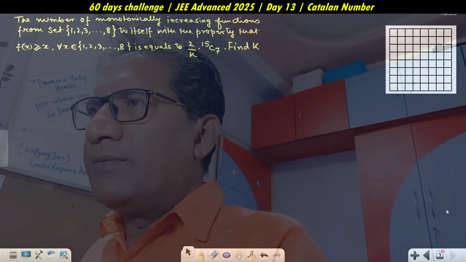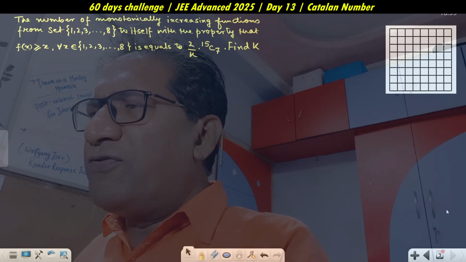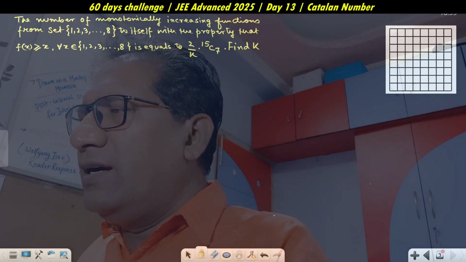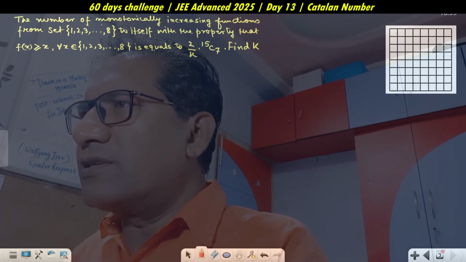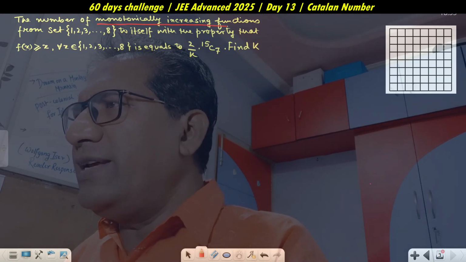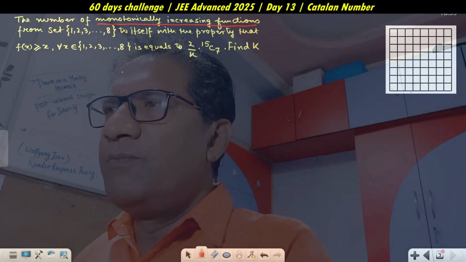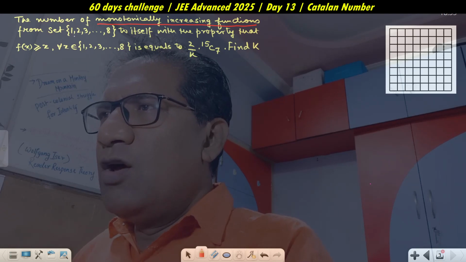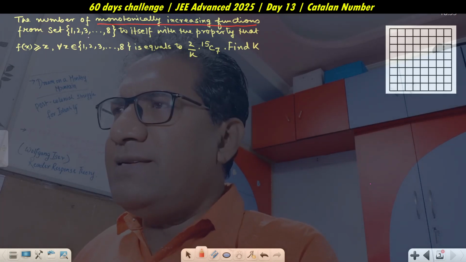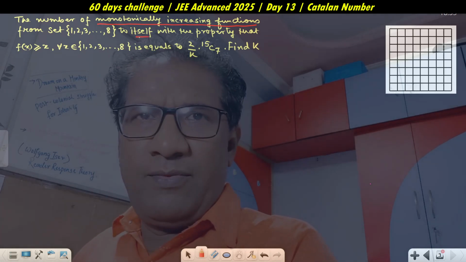In this question, the number of monotonically increasing functions from the set 1, 2, 3 till 8 to itself.